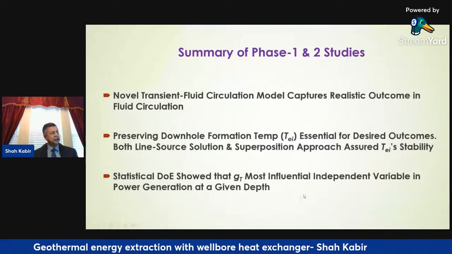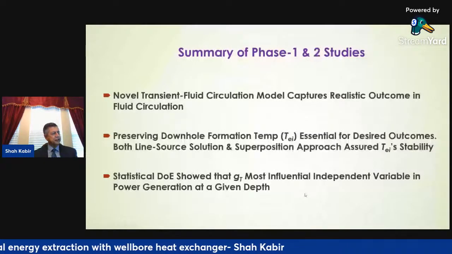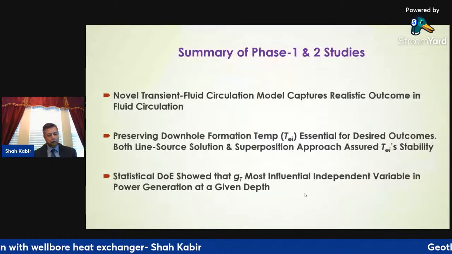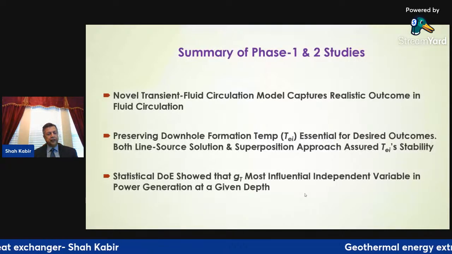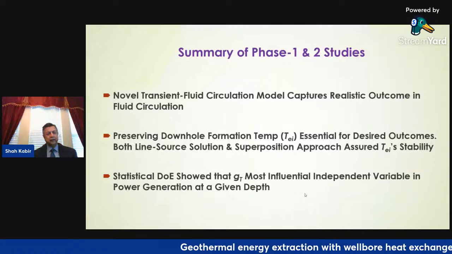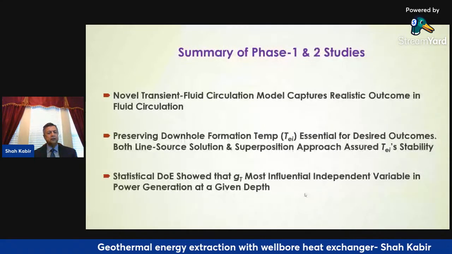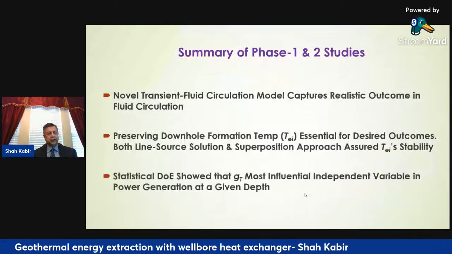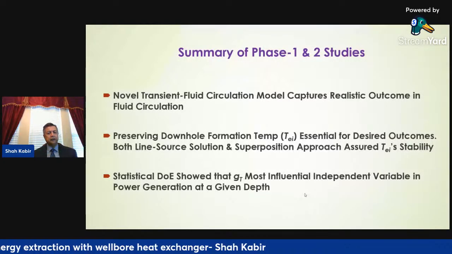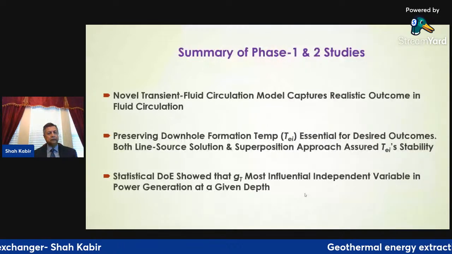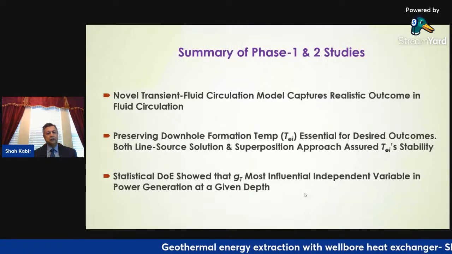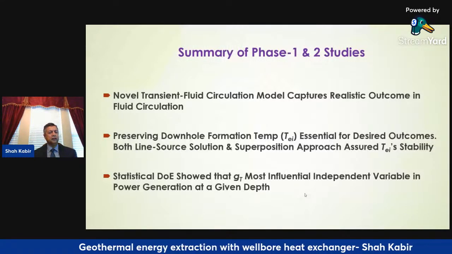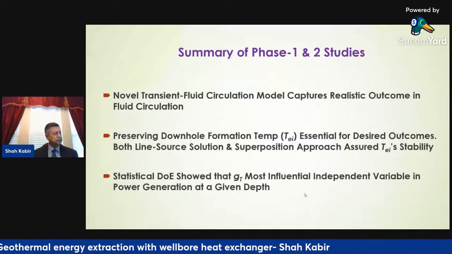And doing the statistical design of experiment taught us many lessons about what is important. For example, rather than drilling a horizontal well, if you just go a little bit deeper than your existing depth, that will be far more beneficial, because in terms of management of fluid circulation, it will be desirable if we keep the well vertical or near vertical.